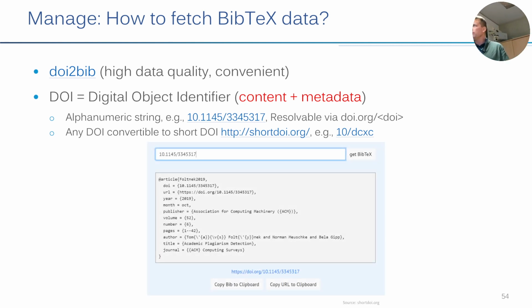Yeah? There is also a variant of the DOI standard, which I don't really recommend. I will explain why in a second, but short DOI. You can convert every DOI, because they are sometimes quite long, into a short DOI that is also unique, resolves to the same source, but just saves you some space in papers.